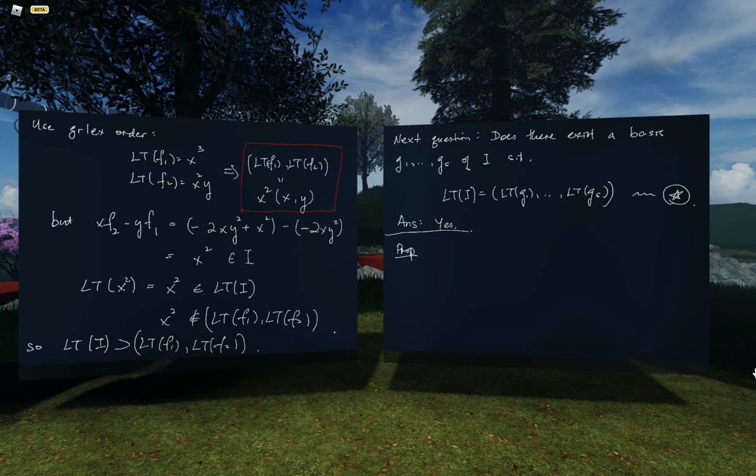So the proposition is two statements. One, LT of I is a monomial ideal.